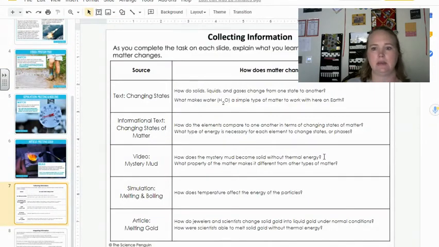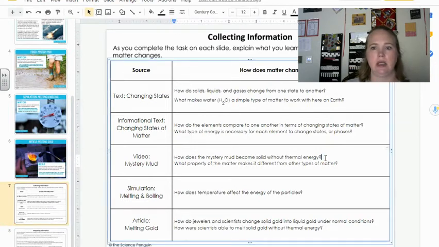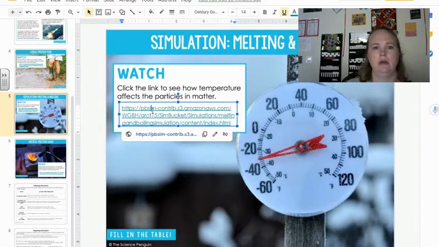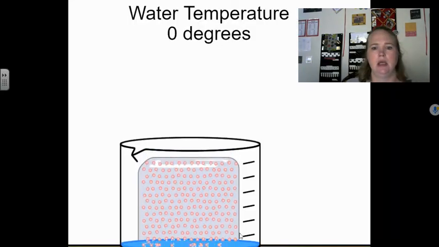Okay, and again, you just put your cursor in that box, click on it next to the question, and then type your answer, okay? And then after you've worked through those sources, the next one is a simulation. The simulation is right here. You click, it takes you to it.